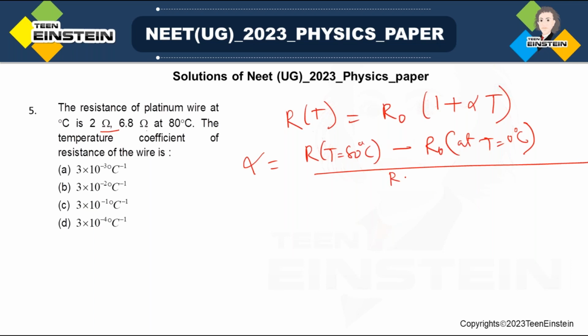So this will be alpha, R T minus R0. R0 is given as 2, R T is given 6.8, minus R0 is 2, in ohm, divided by R0 into T, that means 2 into T, T is 80 degrees centigrade.